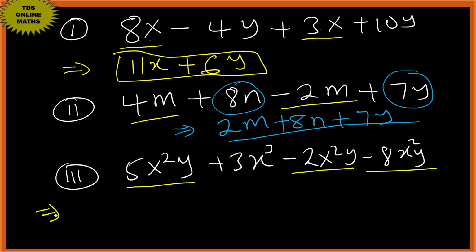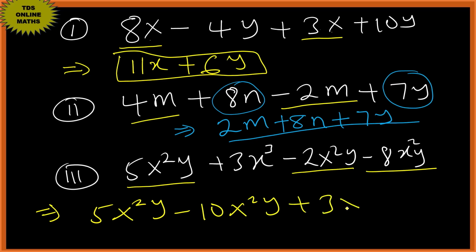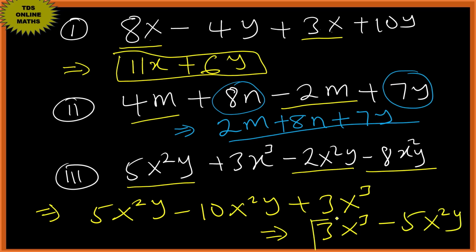So I'll go ahead and say 5x squared y minus 8x squared y is minus 3x squared y. Then plus 3x cubed. So we have the final answer as 3x cubed minus 3x squared y. So that's the answer.